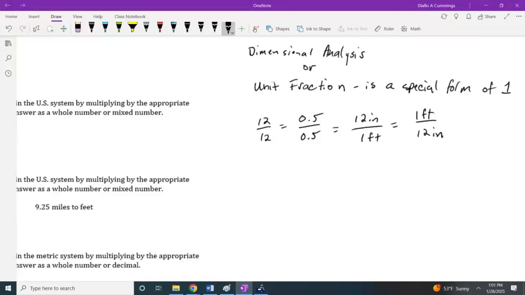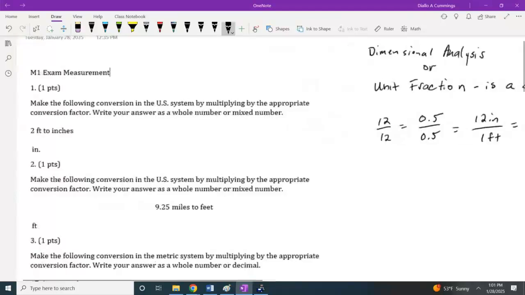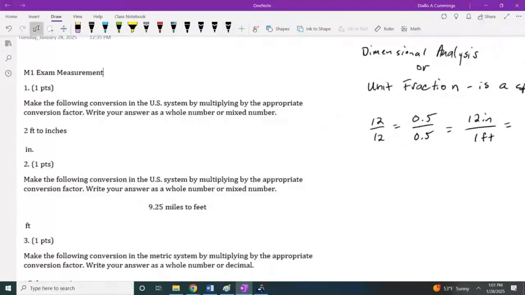All right, so anything over itself is a special form of 1. When you multiply anything by 1, you don't change the value, but you can change the way that your number is expressed. So here's how I'm going to use that unit fraction to convert 2 feet to inches. I'm going to take 2 feet and multiply that by a unit fraction, right?